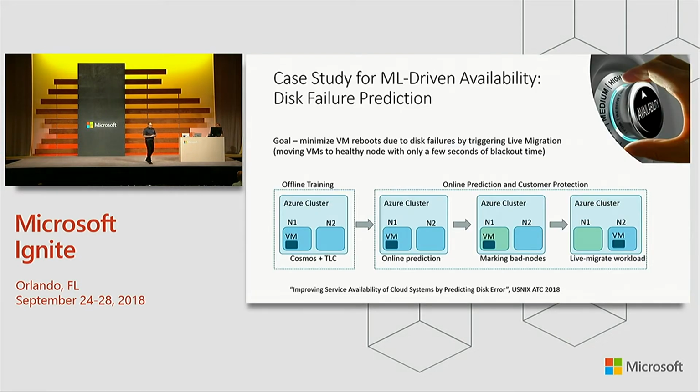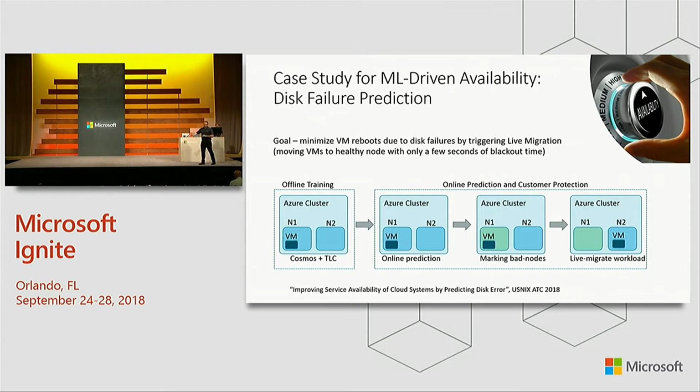Cool. I'll just talk about one thing that we did recently. It was many systems. This one we published in a paper, so I can talk about it. But there are many more that we worked on. This one is just an example. This is disk failure prediction. We have a set of mechanisms that allow us to create a model of how disks fail in the production environment, predict those failures, and take action before those disks actually fail.